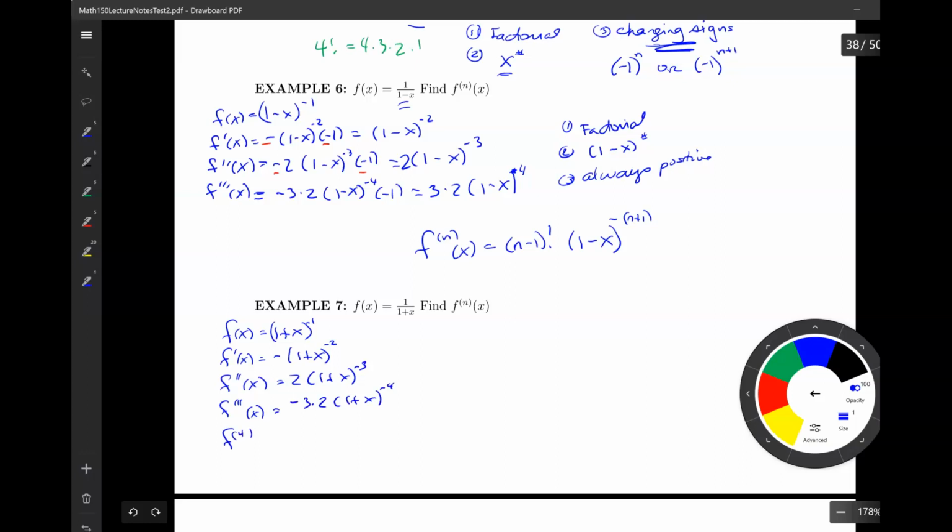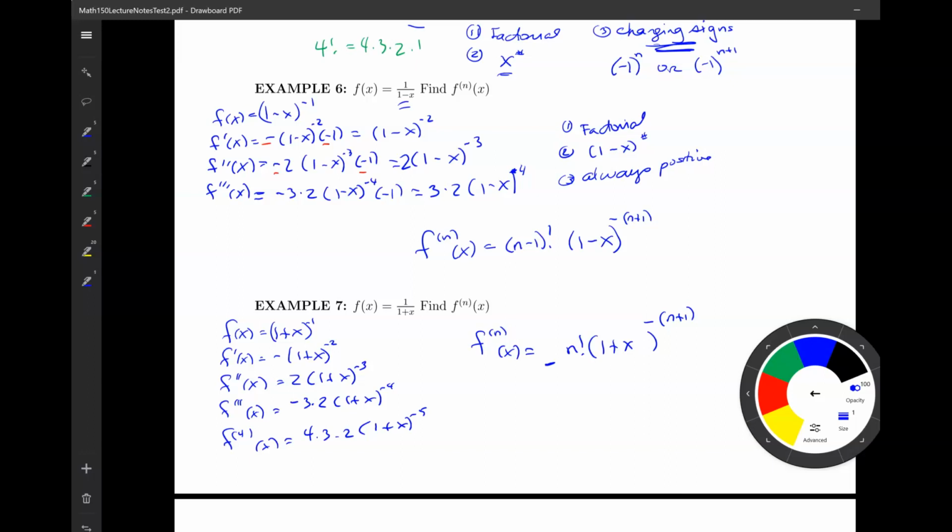And then fourth derivative, so 4 times 3 times 2. Okay, so this one does have 3 things going on. So let's go do it. I like to take care of the easy things first. So I think it's n factorial. I can see that it's got a factor of 1 plus x to the negative, and it's 1 more than the derivative.